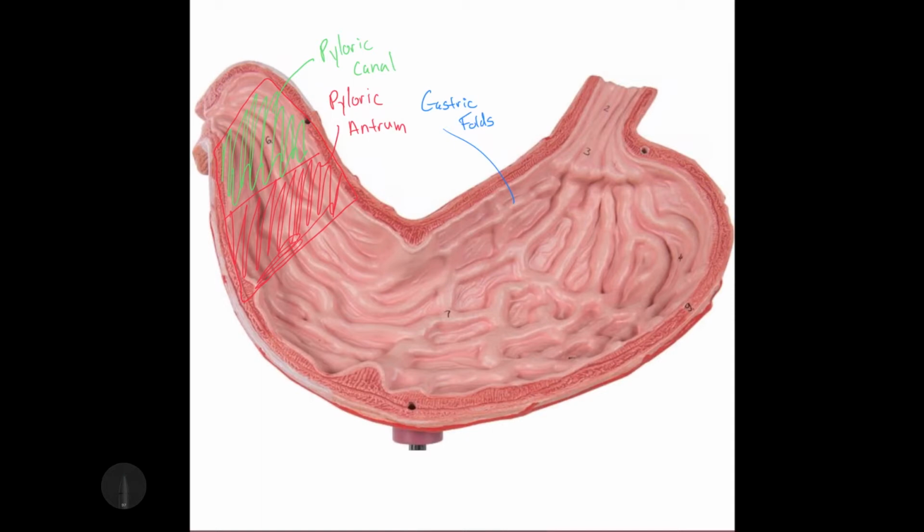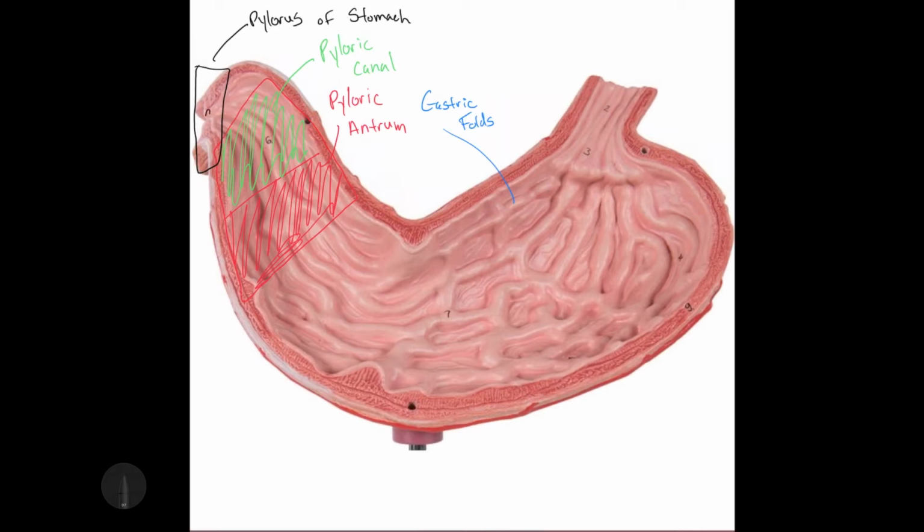And finally, we get to the last portion of the stomach, which is located right here, and this is the junction between the stomach and the duodenum, and this is called the pylorus of the stomach. And the pylorus of the stomach has two different features.